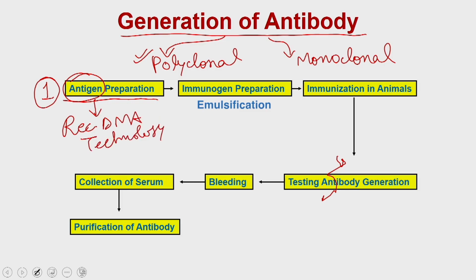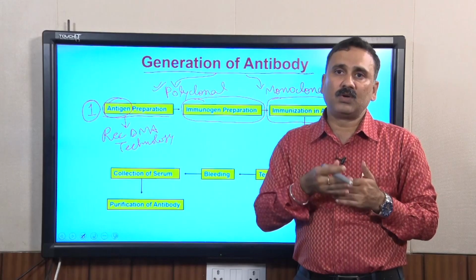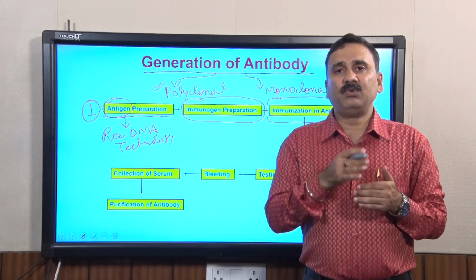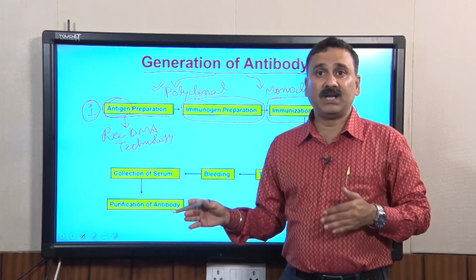Once you have produced the antigen, you are going to generate an immunogen preparation, which means you are going to convert the antigen into the immunogen. Then you are going to use that immunogen to immunize the animals. Once you immunize the animals, first you do a primary immunization, and after some time you do a booster immunization.